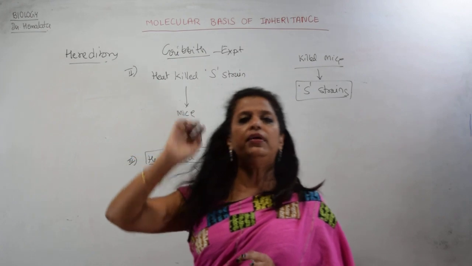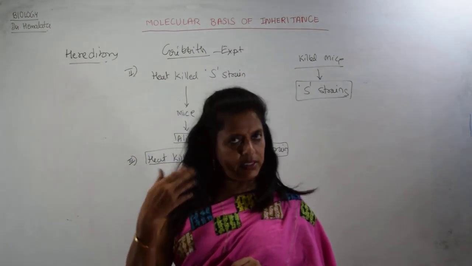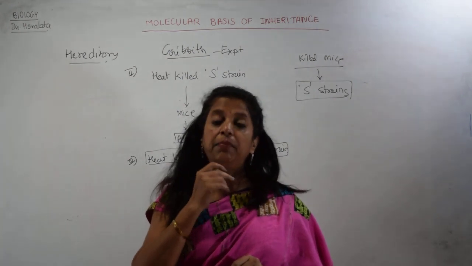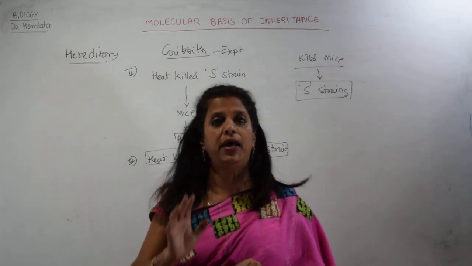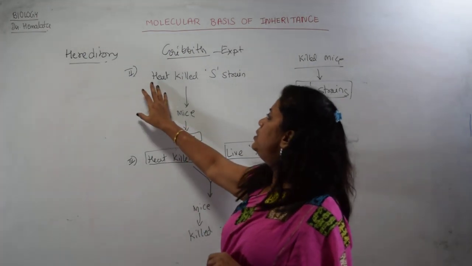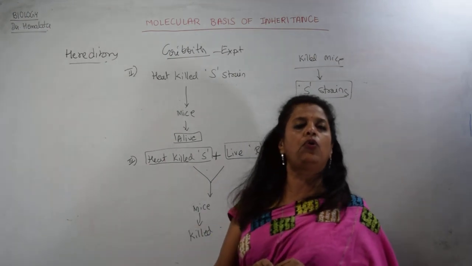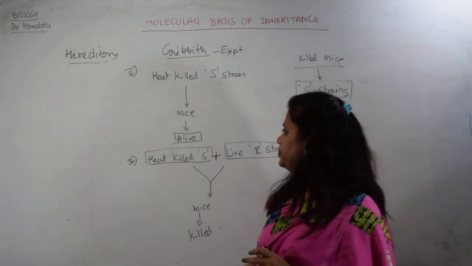But in the second set of experiments, he took the S strain, heat killed it, and injected it into the mice. Then the mice were alive. Nothing happened to the mice. That shows that this heat killed S strain is not effective on mice, it is not causing pneumonia.